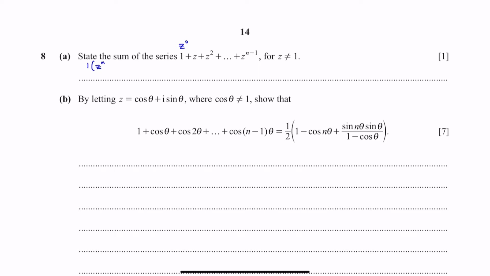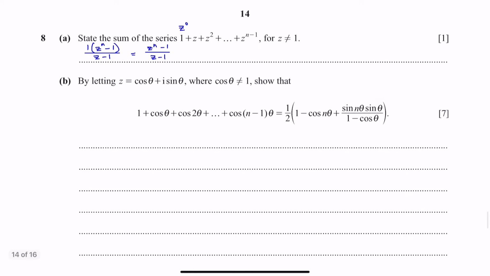So the number of terms is 1, 2, 3, and n. Okay? So there are n terms here. Minus 1 over the ratio minus 1. So we can simplify this to z to the n minus 1 over z minus 1.